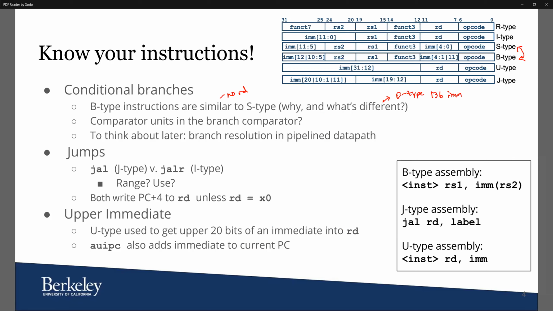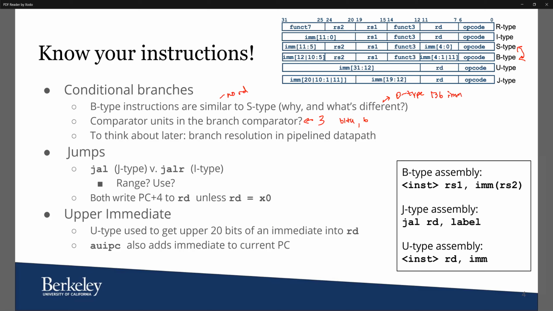Cool. So when you do branches, how many comparator units are in the branch comparator? How many comparisons are actually being made? Yes, which 3? Okay. What else?